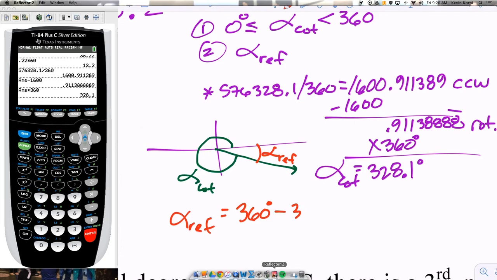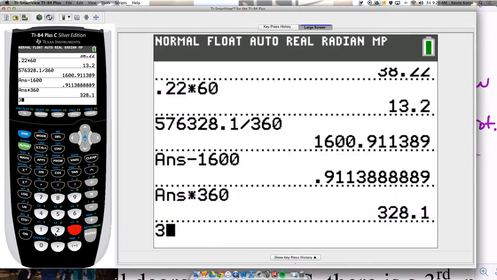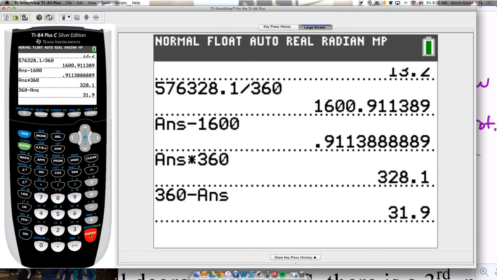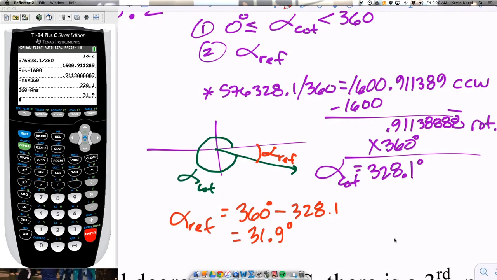We subtract from it 328.1, and on your calculator, since it's there, you can just hit 360 minus, and you can hit second negative to recall the answer. Oops, but you got to type in 360 minus the answer, and you get 31.9 degrees. So there's your reference angle, 31.9 degrees. I saw that on several people's iPads, so that's good.